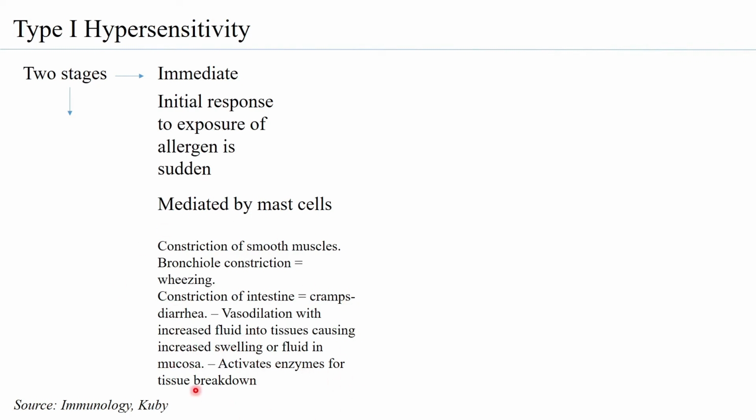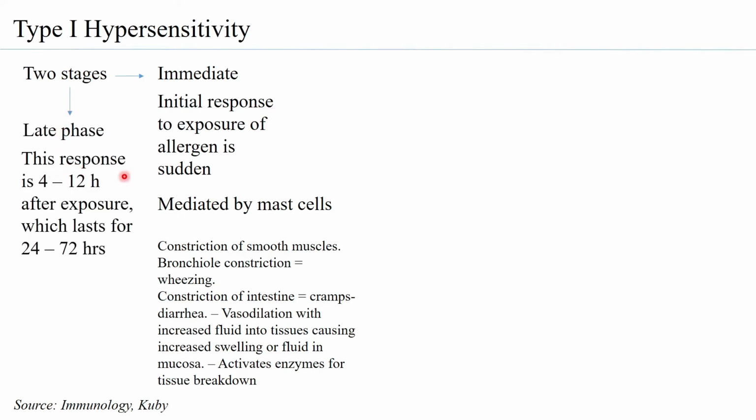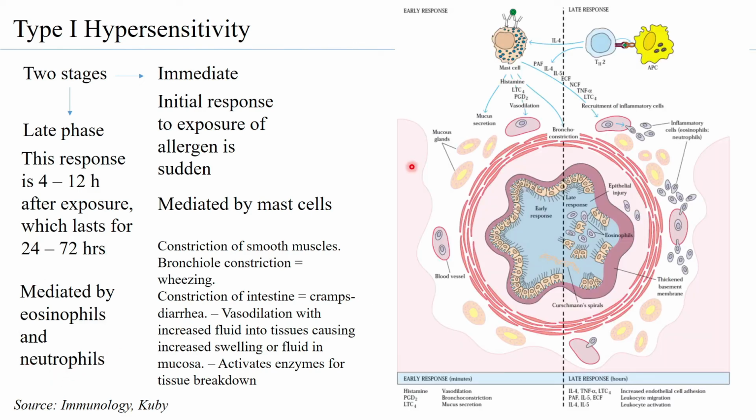So all these can happen immediately due to the type 1 reaction. The second stage is that it can be late phase, and the response can be only after 4 to 12 hours after exposure, and this response can last for about 24 to 72 hours, and these are generally mediated by eosinophils and neutrophils. So let us take the example of asthma for example.